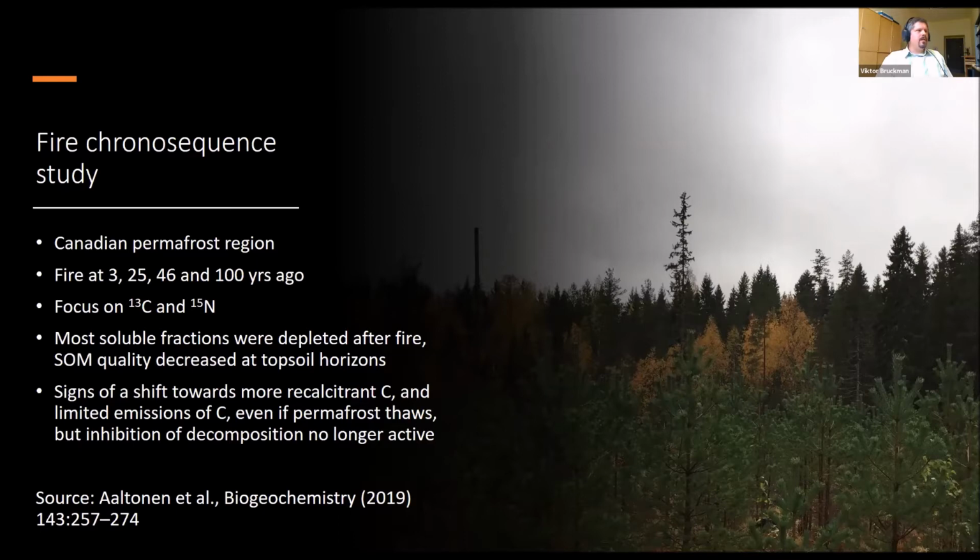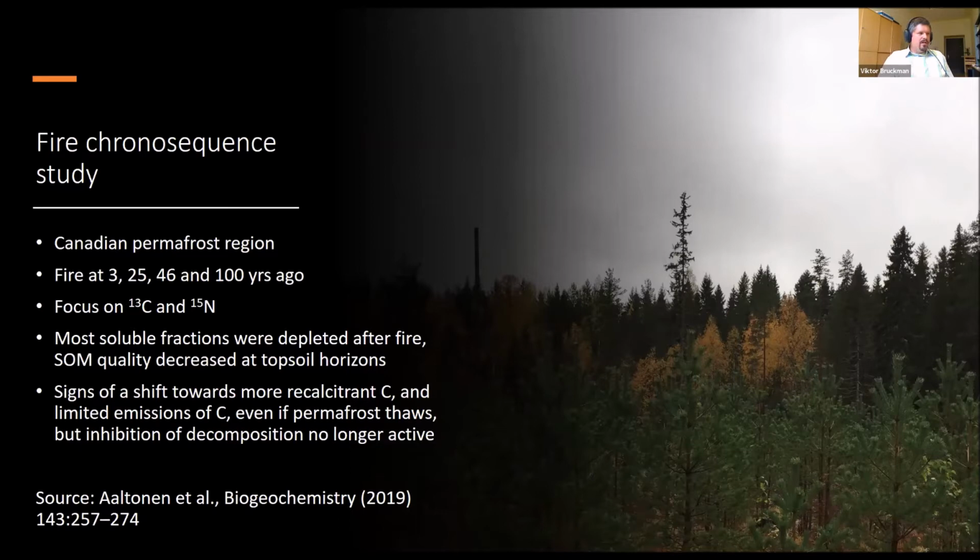Now let's come to the first study. We started not in Finland but in Canada, in the Canadian permafrost region, and we set up a fire chronosequence. So we were looking at sites with recent fires. We found one where 3 years ago there was a fire, 25, 46, and 100 years ago.